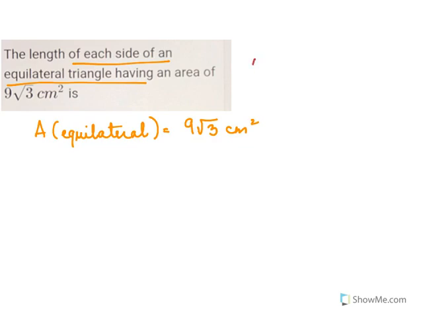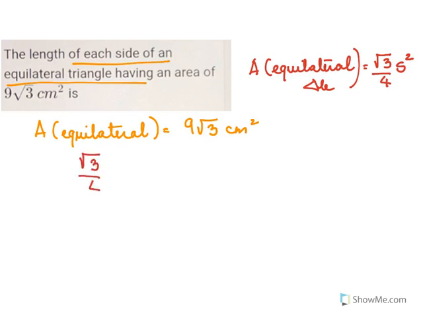Now, as a formula, you must remember that area of an equilateral triangle is always equal to root 3 by 4 side square, where s is a side. So for this now I'm going to put here root 3 by 4 side square equal to 9 root 3.